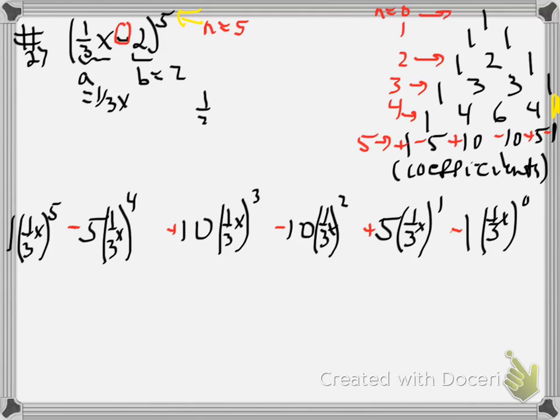Now remember, 1/3 x to 0, anything to the 0 power except 0 is 1, so we don't really need this. This is a 1 here. We don't really need that. Okay?